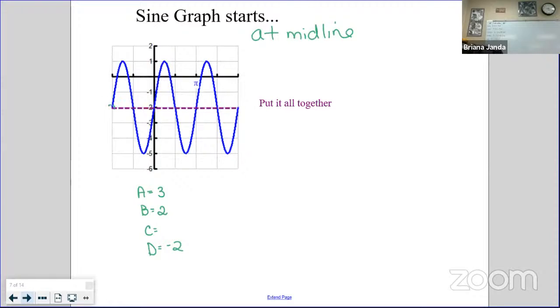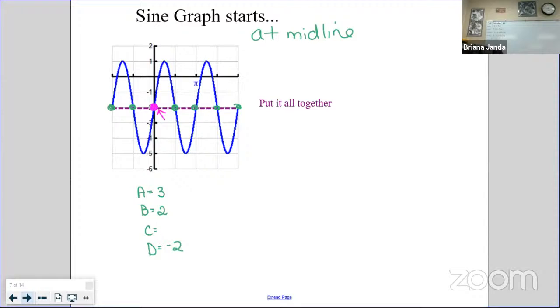So we have 1, 2, 3, 4, 5, 6, 7 in this picture alone of the different dots that we could start assigning for that. If one of them happens to be on our y-axis, I would pick that. Okay? So of those 7 options that I just highlighted, because all of those would start a sine curve, any dots on my midline, I'm going to use this one right now.